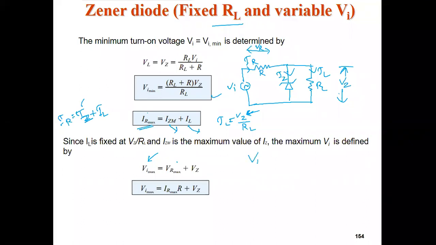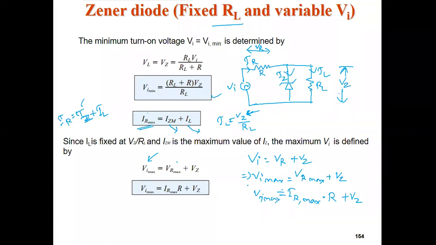So according to that I can say VI equal to VR plus VZ, which implies VI max equal to VR max plus VZ. But VR max will be the maximum value of the current going through it, IR max, into R, plus VZ. That's why your VI max equals this thing, which is given here.